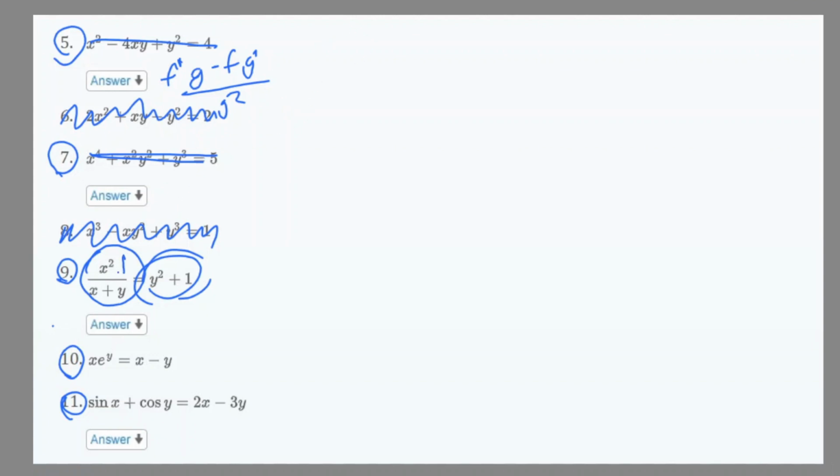So f is going to be the top, g is going to be the bottom. So we're going to have f prime, which is 2x, multiplied by g, which is x plus y, minus f, which is x squared, multiplied by g prime, which is 1 plus dy/dx.